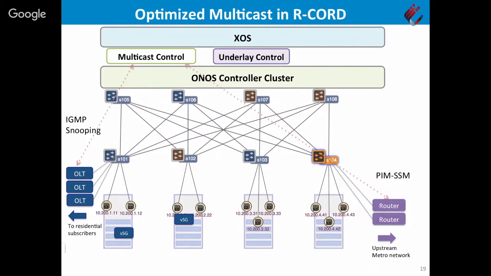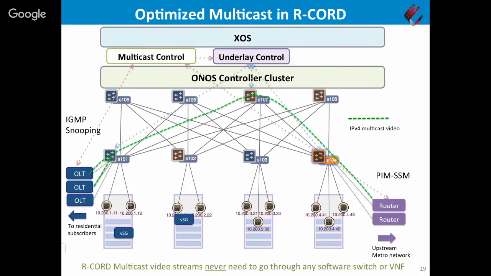But at the same time, this multicast control application is telling the Fabric control application that, hey, this channel is about to come in from upstream. Go ahead and program the Fabric such that when it does arrive, okay, that multicast stream gets forwarded through the Fabric and replicated inside the Fabric for whichever subscribers are asking for that particular channel.